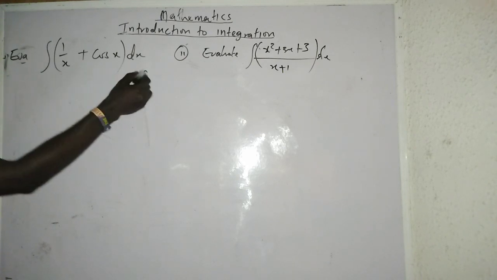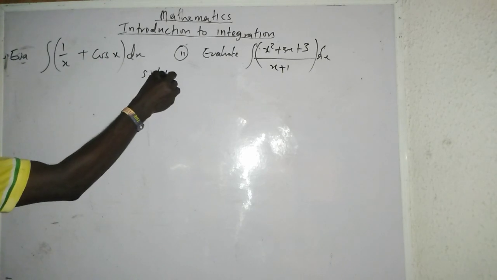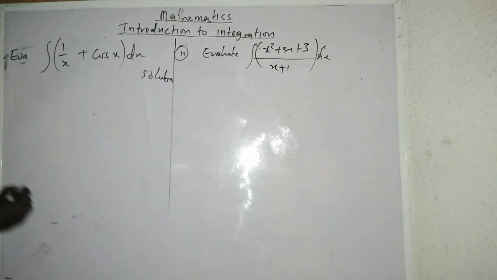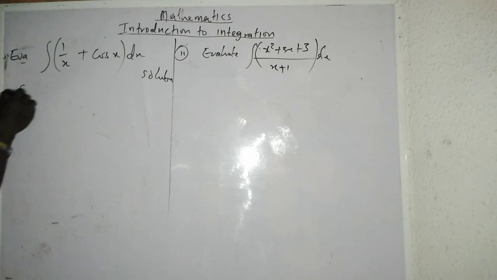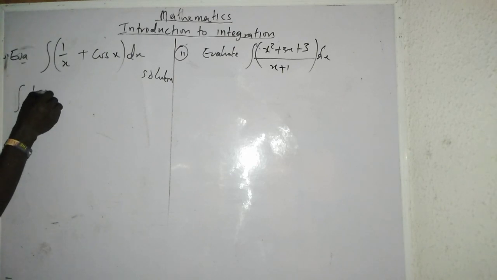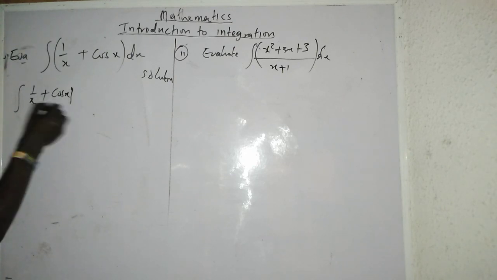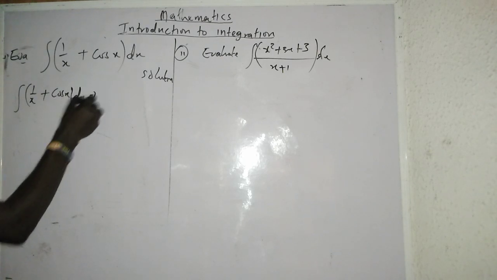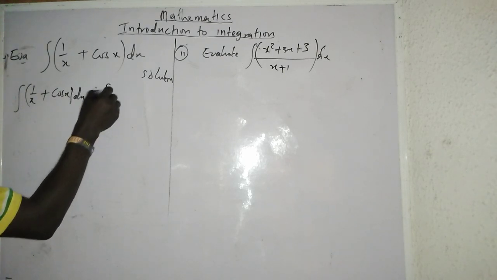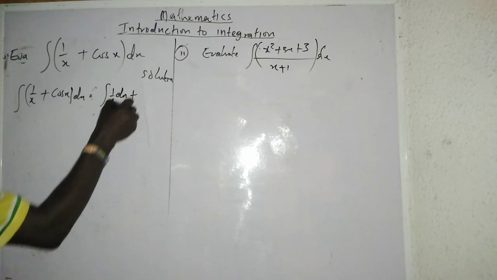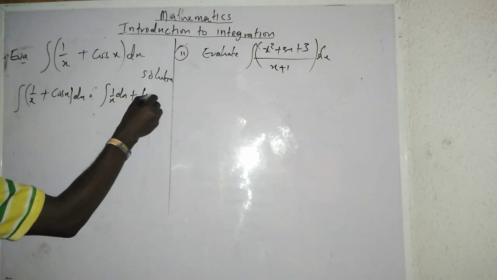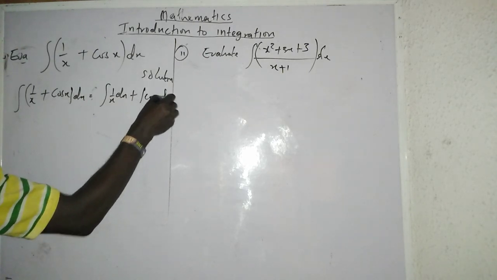I will just have my solution. Now the first one, the integral of 1 over x plus cos x with respect to x is equal to the integral of 1 over x dx plus the integral of cos x dx.